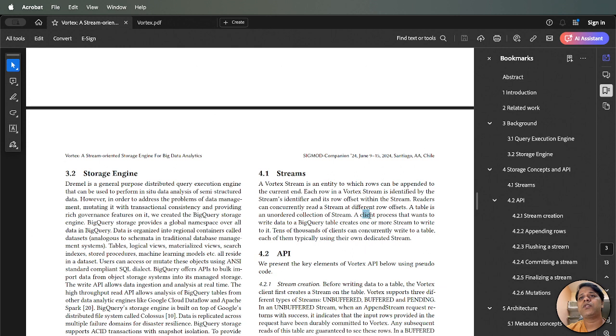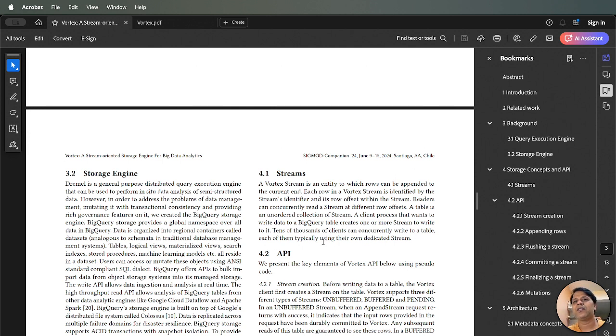When a client process wants to write, it would create one or more streams. Parallel writing uses more than one, but if it is simple, not parallel, then only one stream.